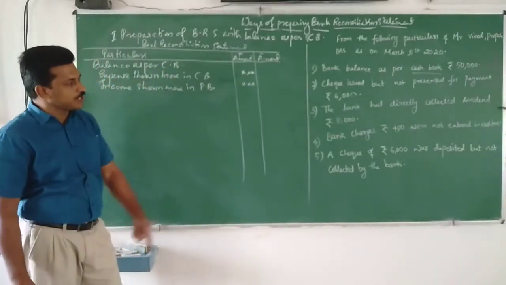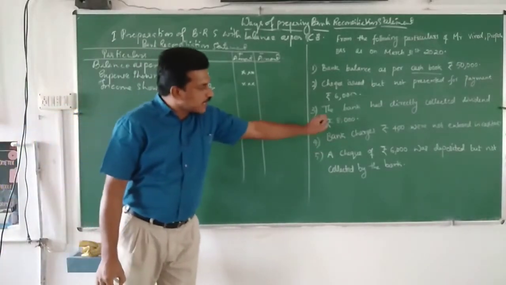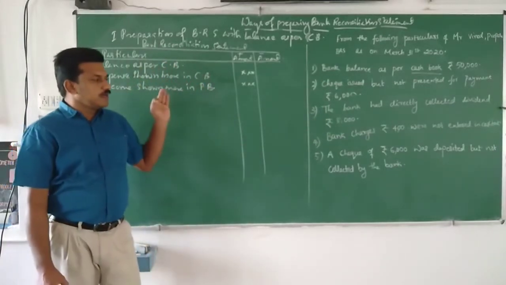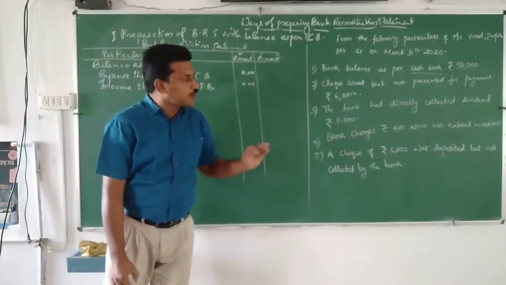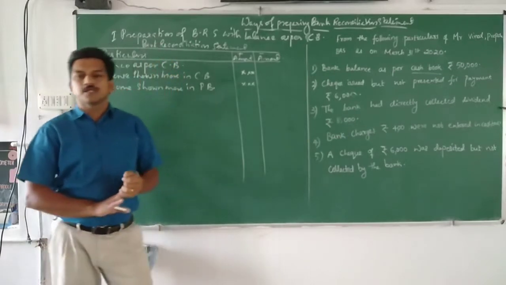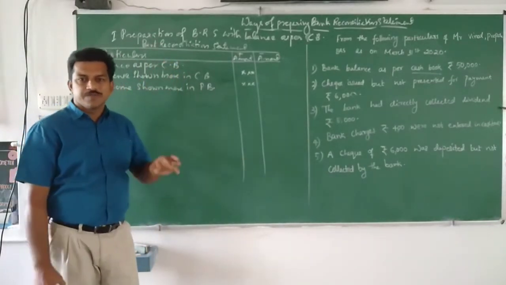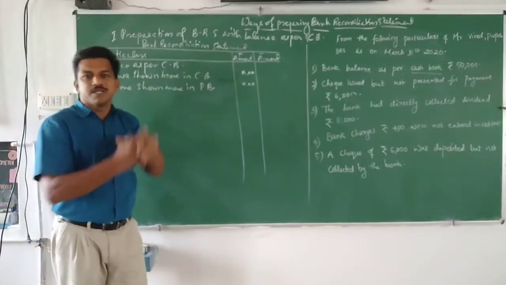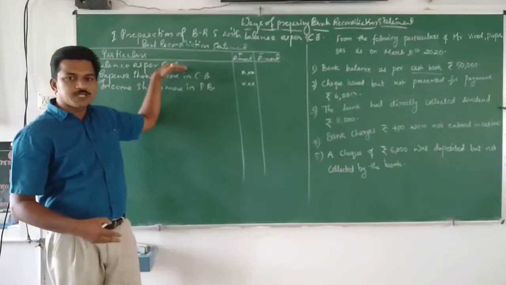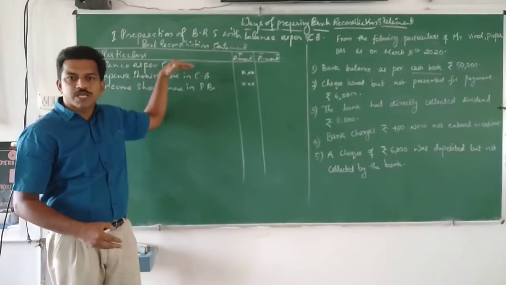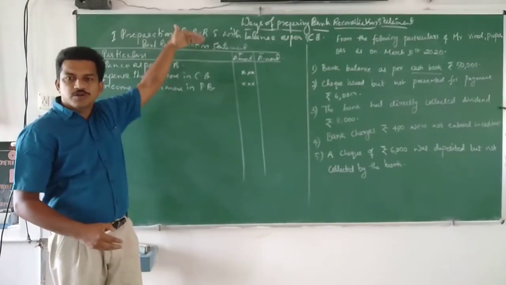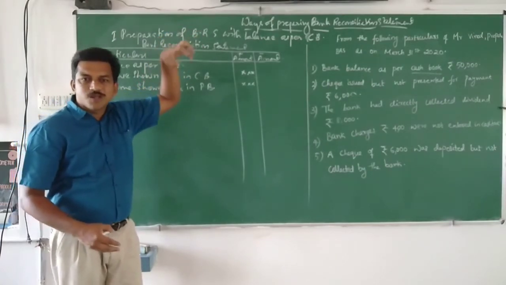Next let us see bank charges. Bank charges of 400 were not entered in cash book. It means bank charges were taken in the passbook. In the passbook, the bank deducted some money. Here in our cash book, it is not deducted, so the cash book balance will be more, and the passbook balance is less.